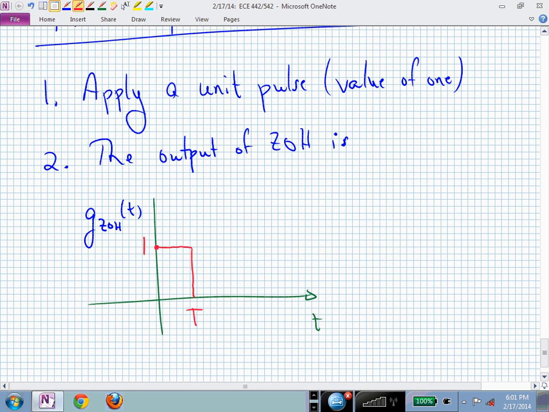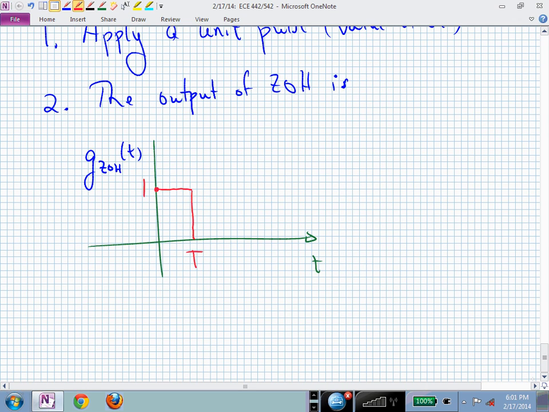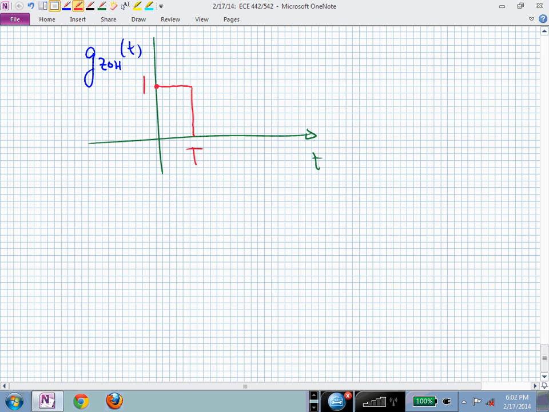Now, how do I describe this? Or can you describe G sub ZOH in terms of elementary functions? What is G sub ZOH of T? If somebody asks you, what is that picture? What would you say? Looks like a pulse, doesn't it?